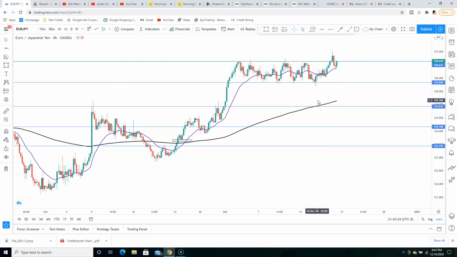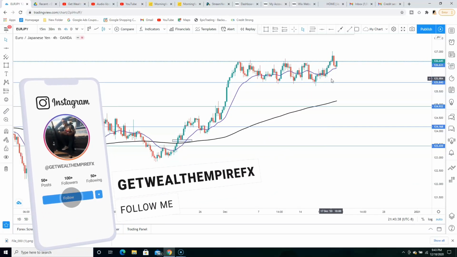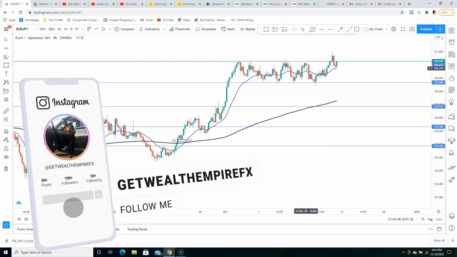You never know. But just to be on the safe side, after a consolidation, trend could either go up or it could come down.